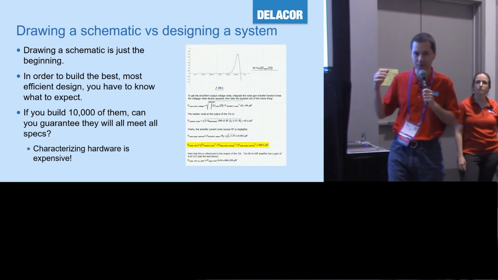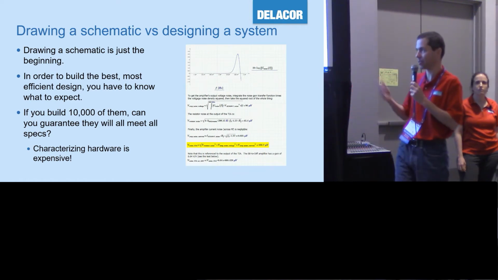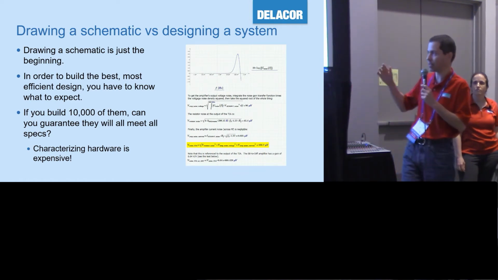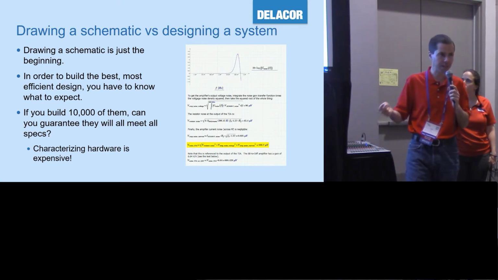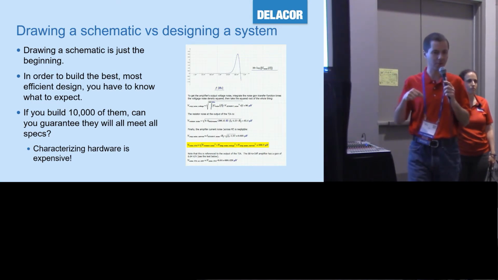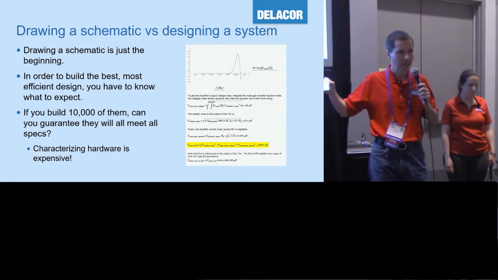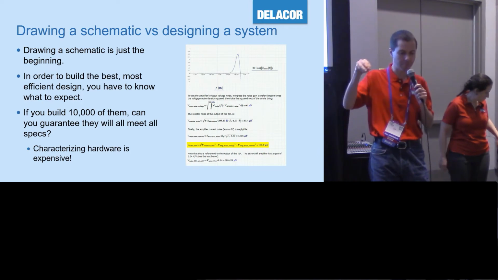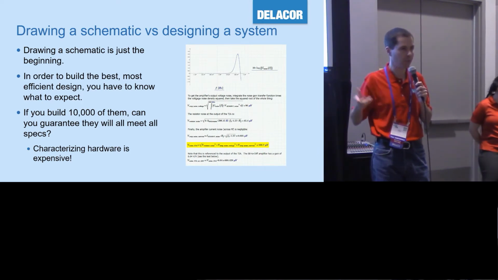Right? Anybody can put together one of anything and make it work. But if you're going to build 10,000 or 1,000,000 units, you don't want to be sitting there testing them and passing or failing units based on, do they do what I wanted them to do? You really want your pass-fail criteria to be, if they put all the bits in the right place on my board, is it going to work?